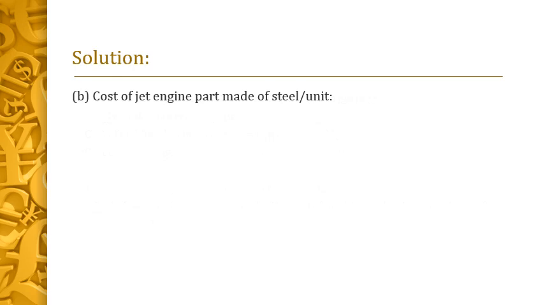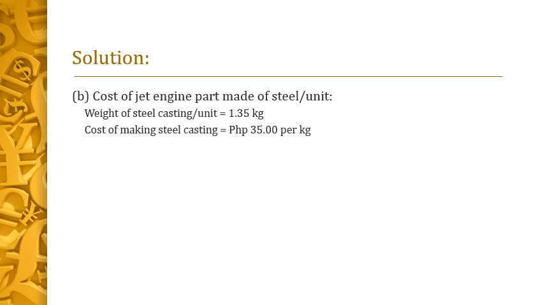Next, let's consider the cost of jet engine part made of steel per unit. Again, from the problem, it is given that the weight of steel casting per unit is 1.35 kilograms. The cost of making steel casting is 35 pesos per kilogram. The cost of machining steel casting per unit is 170 pesos.